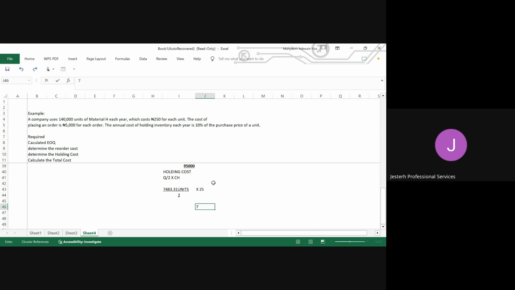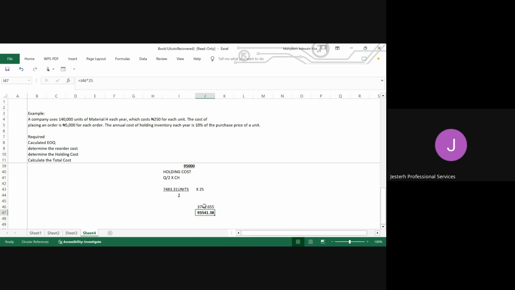Now, you will say 7,483.31 divided by 2. This is the average units. Then we multiply it by 25.